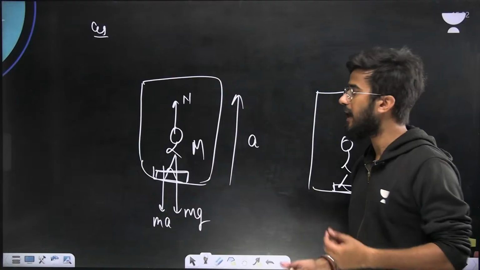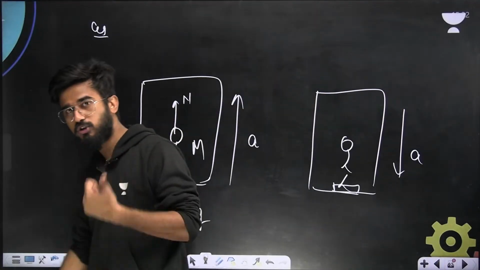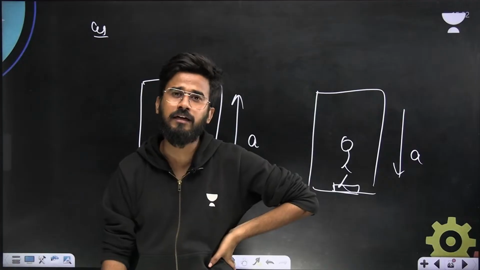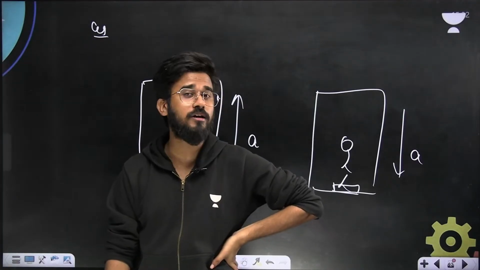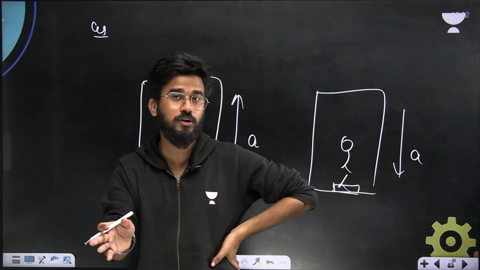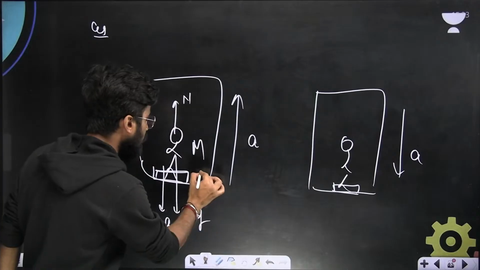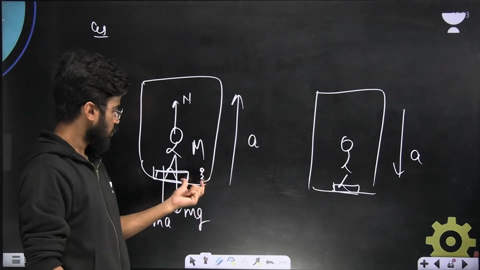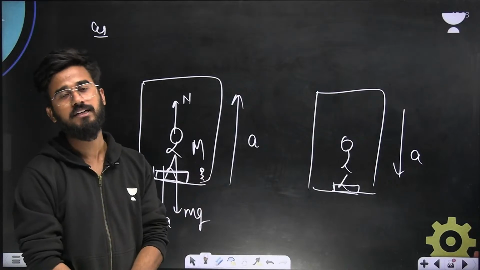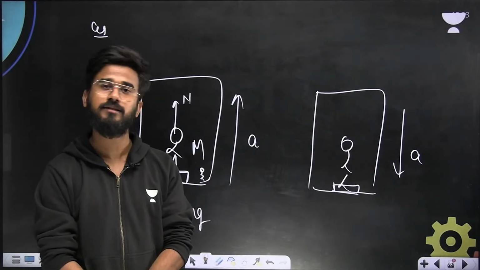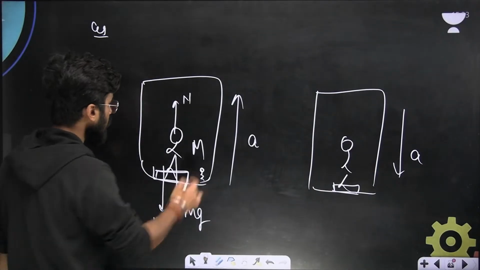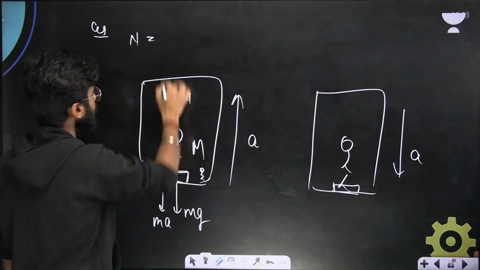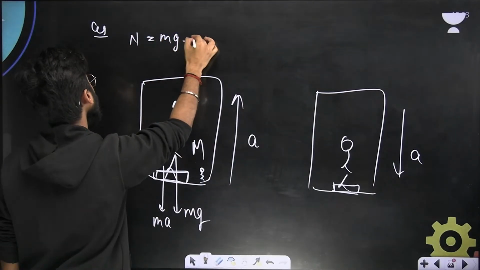First of all, let me tell you one thing: I have already told you that pseudo force is always applied when you are in the non-inertial frame. You are inside the frame. So suppose that you are seeing this man from here. You will see that this man is stationary. It means all the forces on this particular man are balanced. So here we can write that N, which is the upward force, is equal to the downward force, mg plus ma.